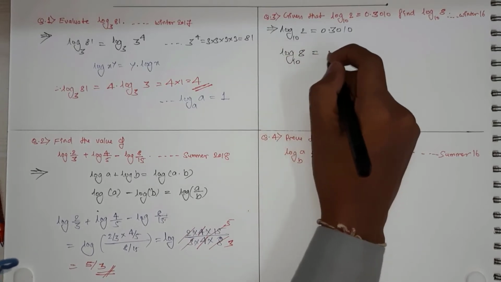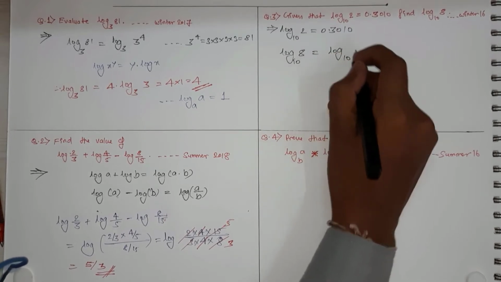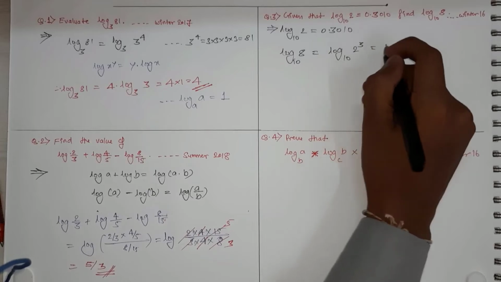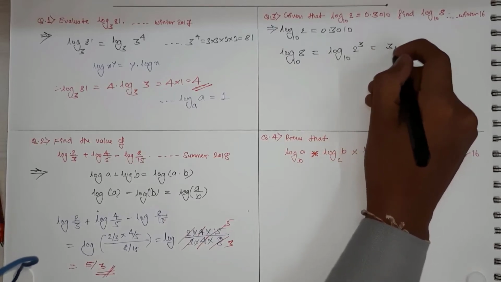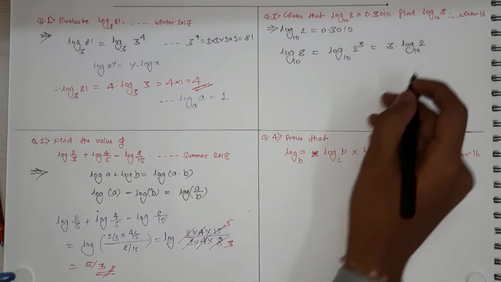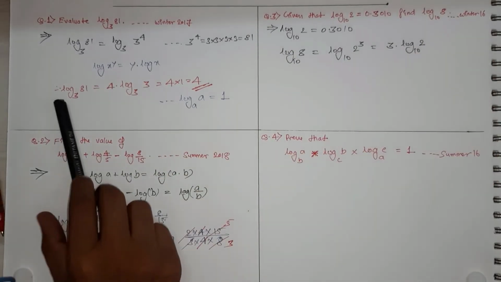So what can we write? 8 can be written as 2 raised to 3. Now 3 can be brought to the front, 3 into log of 2 to the base 10.